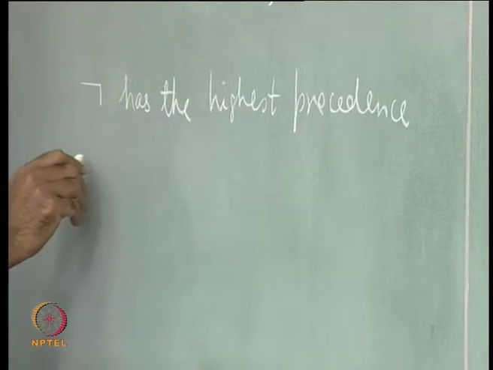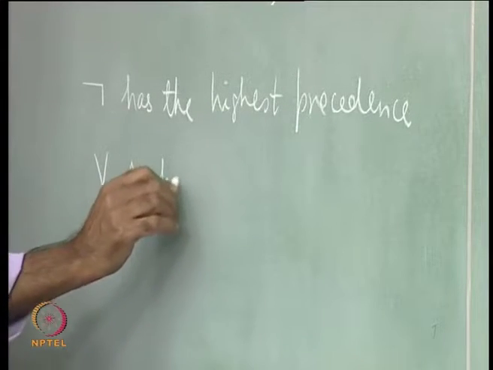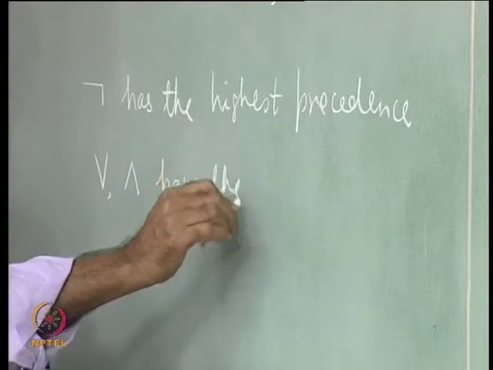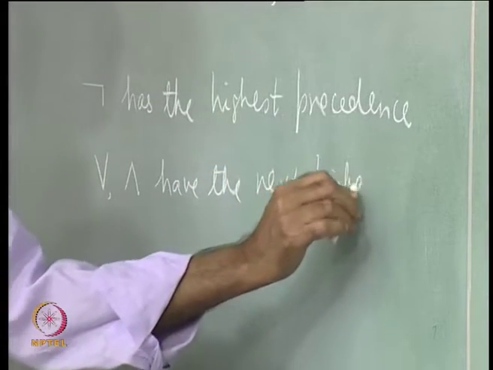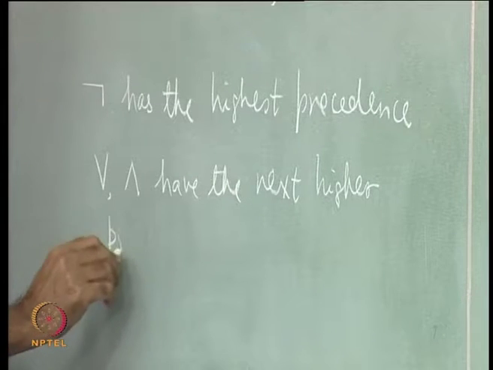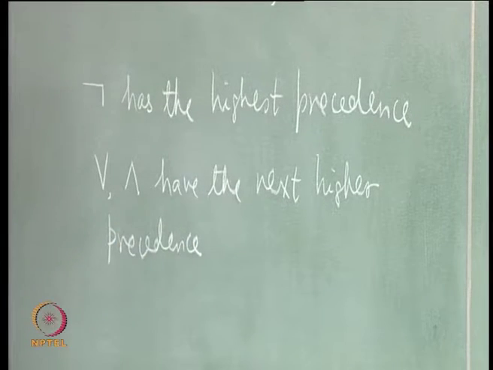Next precedence will be for these two connectives. Once we say both of them have the next higher precedence, what about comparing between them? We will put them at equal precedence.